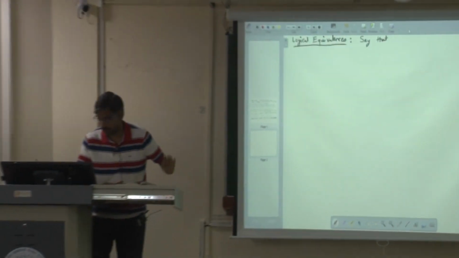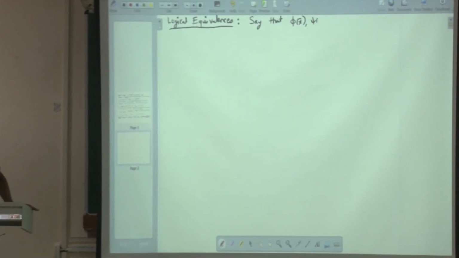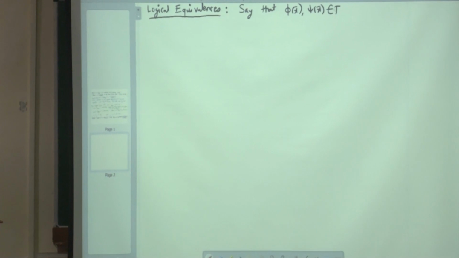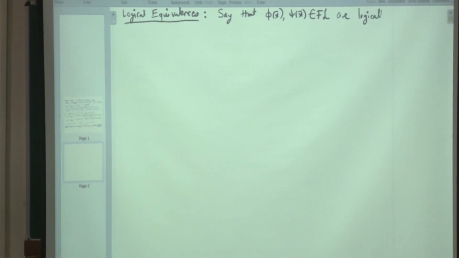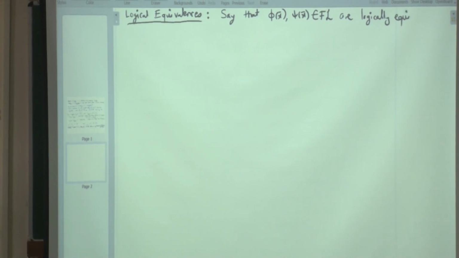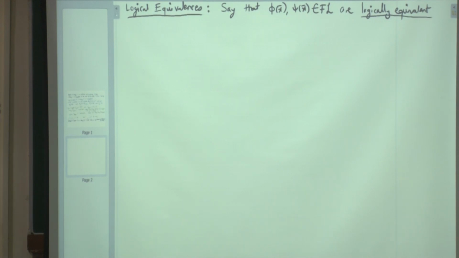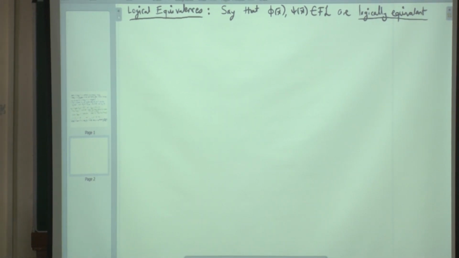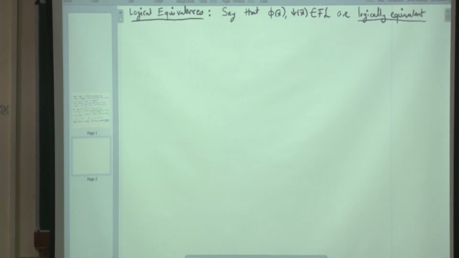Say that phi x bar, psi x bar in FL are logically equivalent. So two formulas are given in the same set of variables. If their sets of variables are possibly distinct, then we take the union, so that the context is the same.